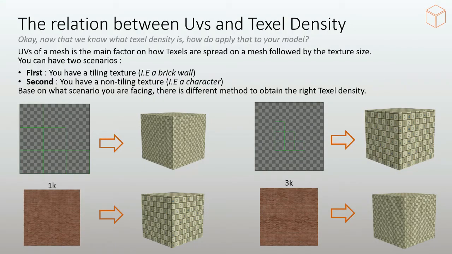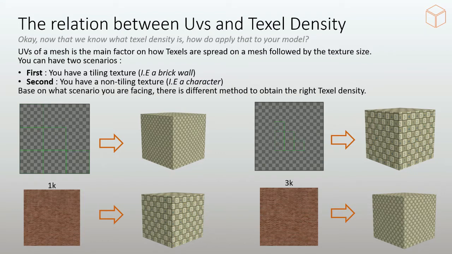Okay, now that we know what texel density is, how do you actually go on and apply that to your model? Well, first, UVs of a mesh is the main factor on how texels are going to spread across your mesh, and followed by that is the texture size. So you can have two scenarios when you're creating a new mesh. First, you have a tiling texture, so for example, the brick wall that I showed you earlier, or you can have a non-tiling texture.